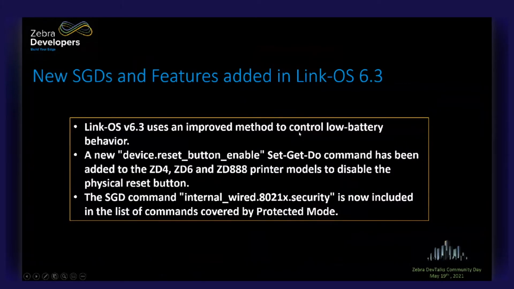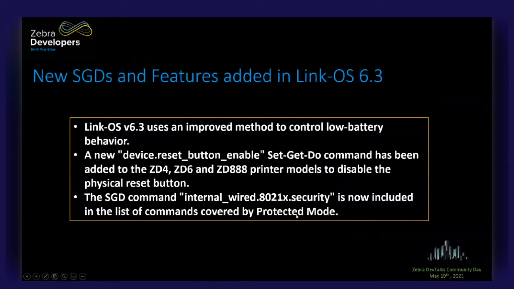Also, for the printer CD4, CD6, and CD8 series, we have implemented the device reset button enable through SGD command. The idea is to disable the physical reset button to avoid unexpected personnel pressing this button and deleting all of the information inside of the printer. The last important thing with LinkOS 6.3 is that we added another command to the list of the protected mode commands, so you can use that again in the protected way.